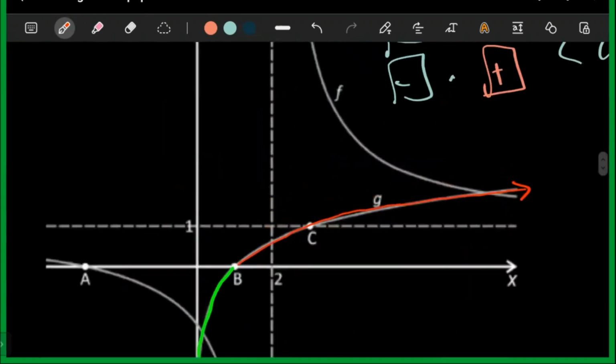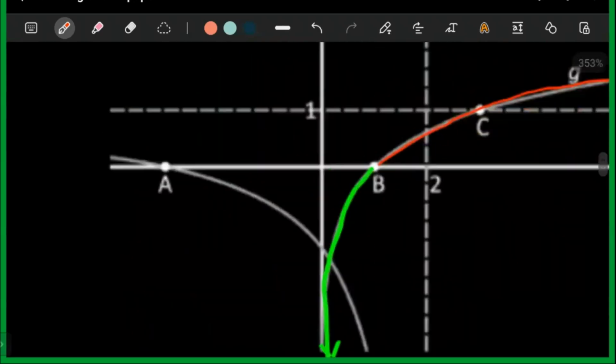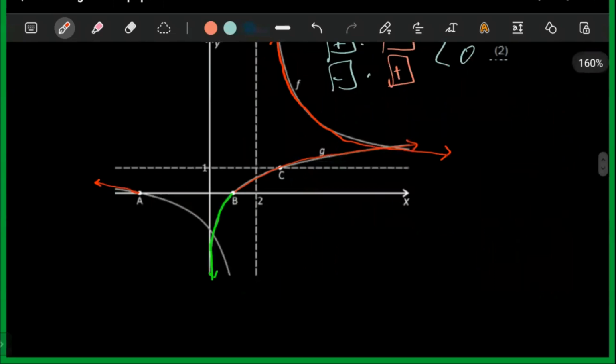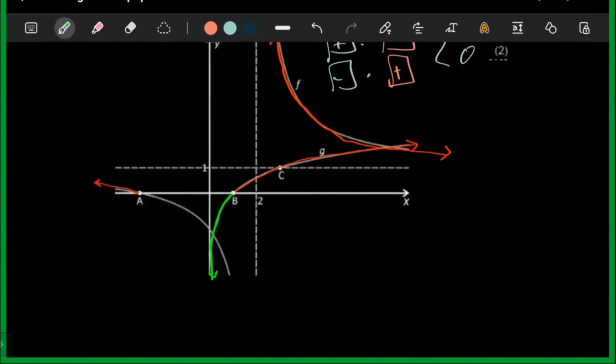For the graph of F, this is where it has positive y values, and then only here, going upwards, it also has positive y values. Where it has negative y values, it's over here.